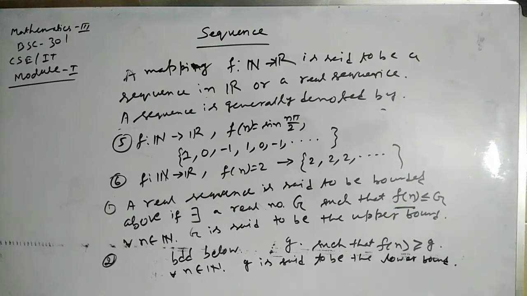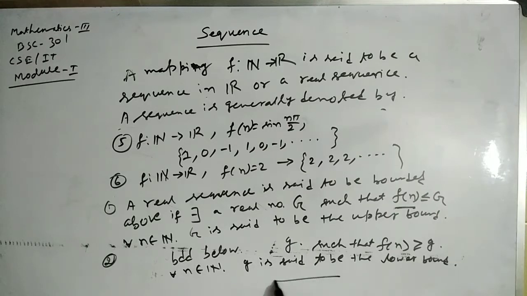So if there exists a real number, small g, for which all the elements of the sequence are greater than or equal to that real number, then the sequence is called bounded below, and g is said to be the lower bound.